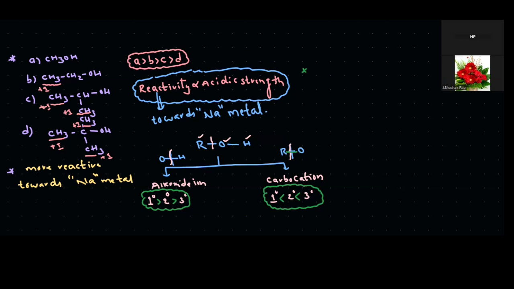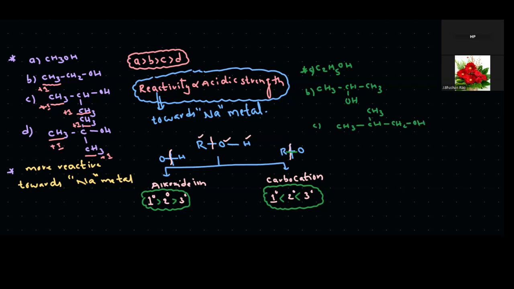One example. Suppose the first one is C2H5OH, ethyl alcohol. Next, CH3CHOHCH3, isopropyl alcohol, the second one. Third one, another case, CH3CH(CH3)CH2OH, isobutyl alcohol.